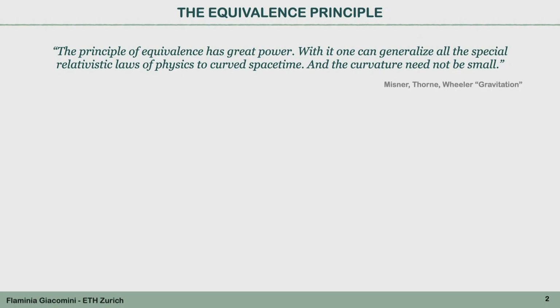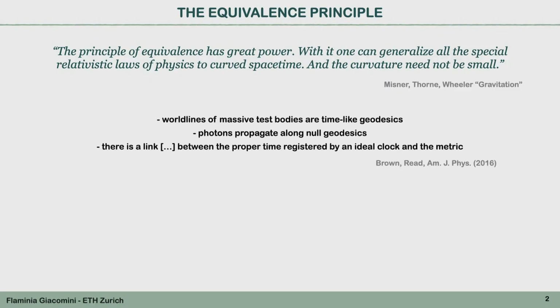With it, one can generalize all the special relativistic laws of physics to curved spacetime, and the curvature need not be small. In this quote, the authors identify not only that the equivalence principle is a powerful conceptual tool at the basis of general relativity, but also that it is useful for building the theory.